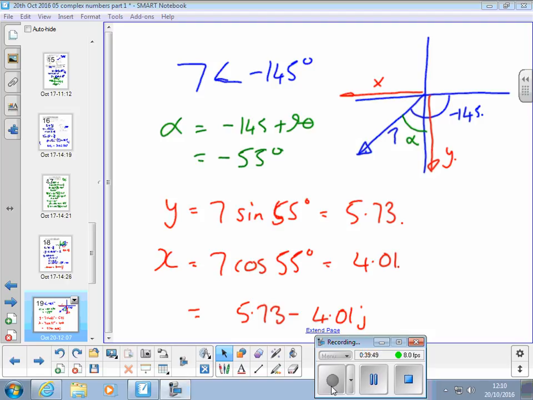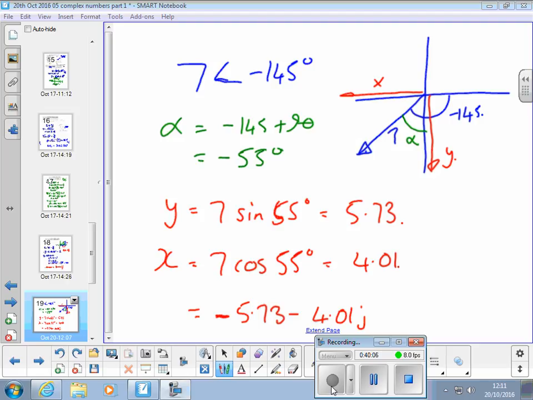I've got a problem with it. By drawing the diagram, I've shown you that both the imaginary j part and the x part are negative.